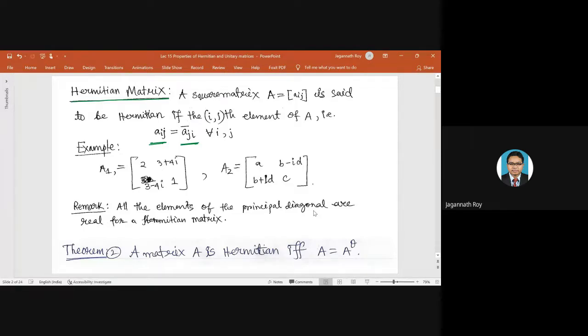Now, for i equals j, what we see, Aii equals Aii bar. That means the main diagonal elements are actually real numbers, because only for real numbers A and A conjugate are equal.